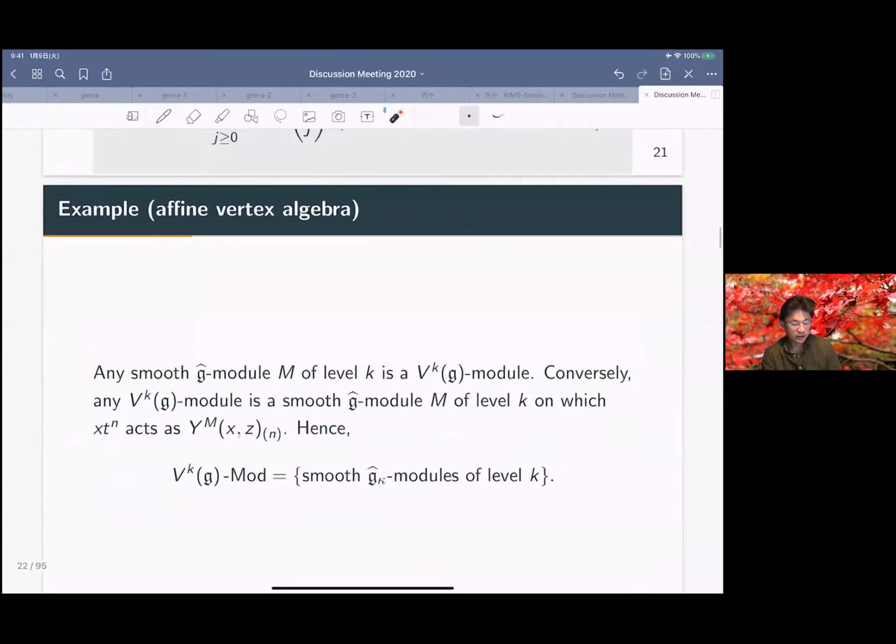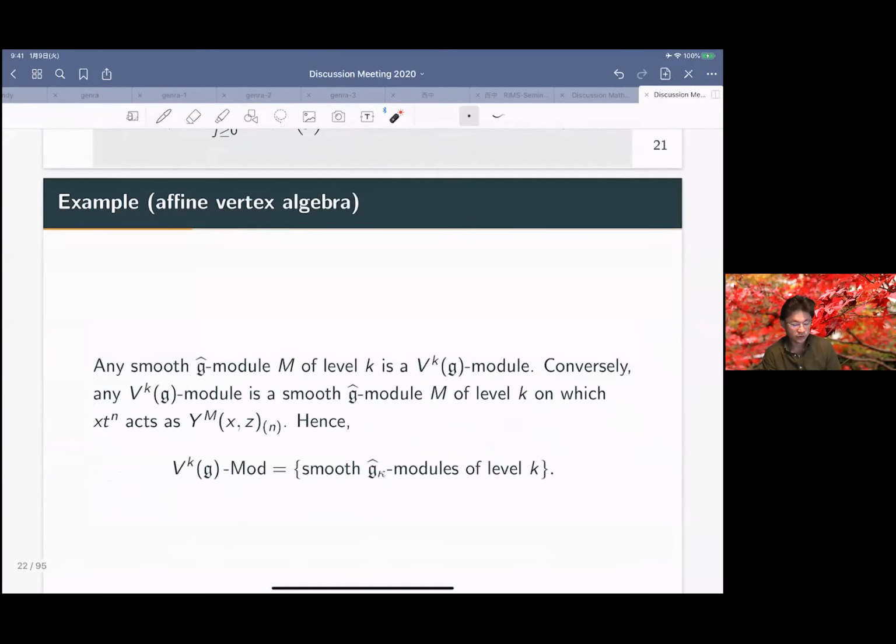And conversely, any V^k(G) module is a smooth G hat module of level K, on which this acts as the nth product. And by this correspondence, you can identify the category of V^k(G) modules with smooth G hat modules of level K. So this is an equivalence of categories.